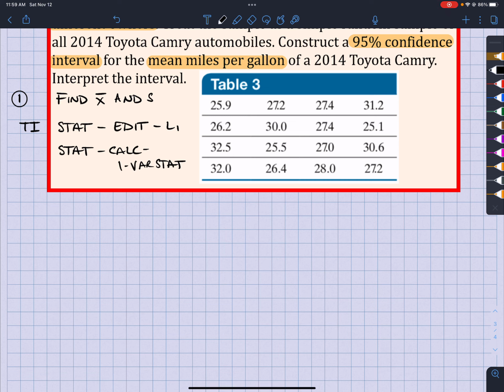Okay. Now on the Desmos, what you're going to have to do is hit the plus sign. Then you are going to hit table. And under X sub 1, you're going to enter all the data.